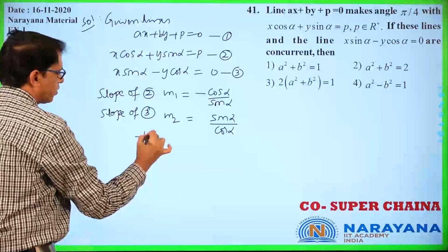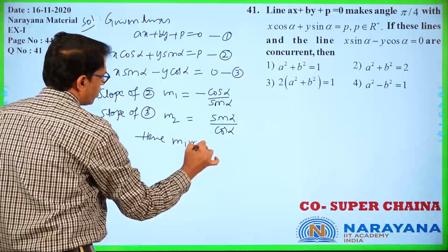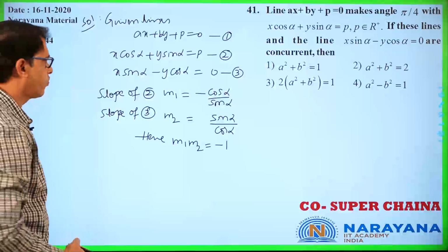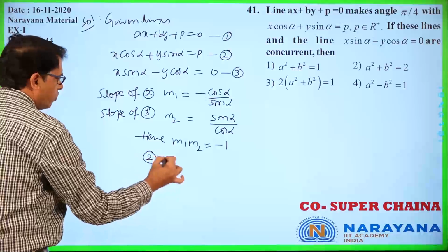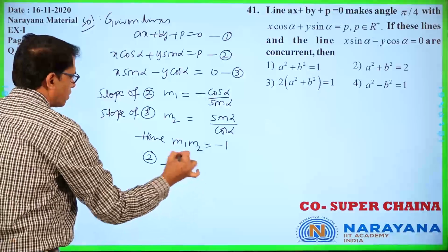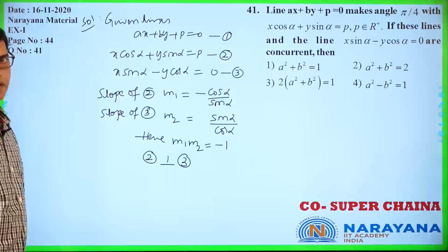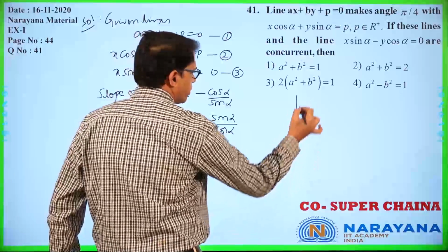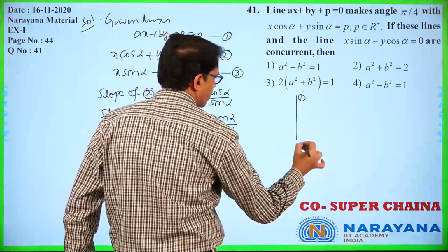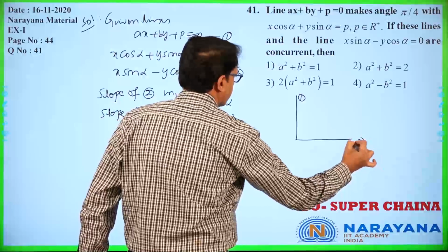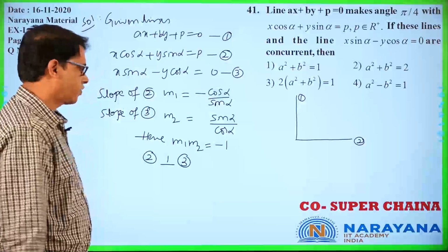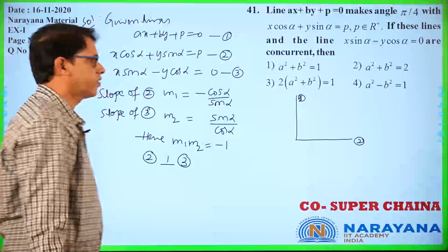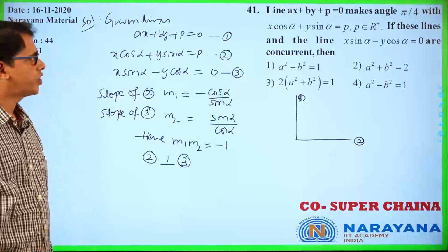So here m1 into m2 equals minus 1. If you multiply, cos cancels, sin cancels. Therefore, line 2 is perpendicular to line 3. They are perpendicular to each other, not equation 1 and equation 2, but equation 2 and equation 3. Now again back to the question.